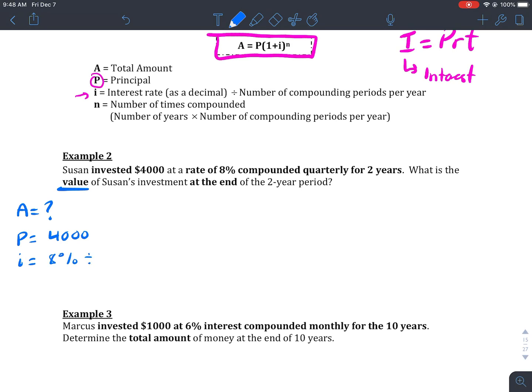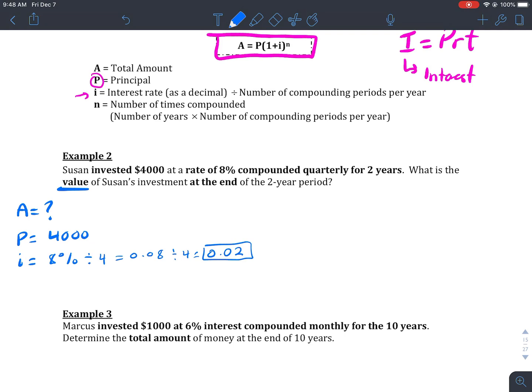The interest rate, we're told that it's 8% compounded quarterly for 2 years. So I'm going to take the original 8%, and we have to divide it by the number of compounding periods in 1 year. If it's being compounded quarterly, that means there's 4 times that we're getting paid interest. So take that 8% and divide it by 4. Turn it into a decimal first, 0.08, divide it by 4, and you get 0.02.